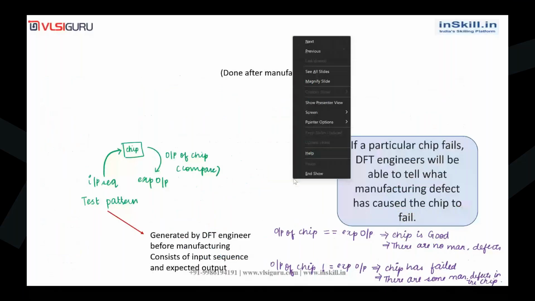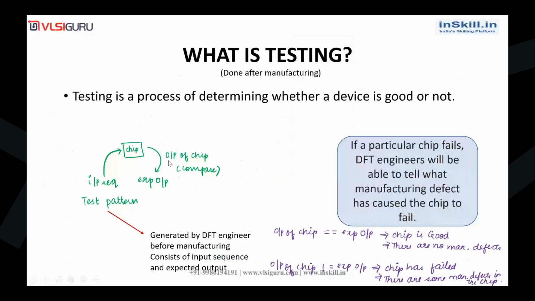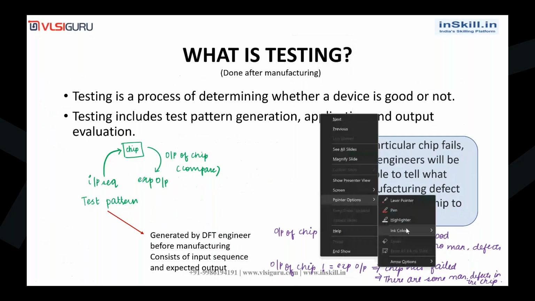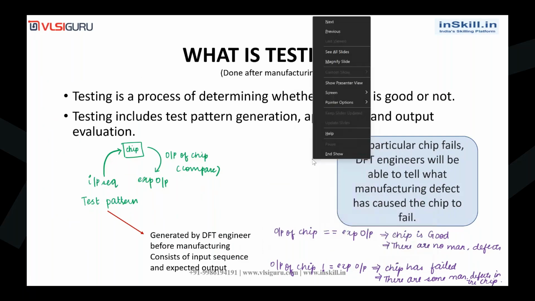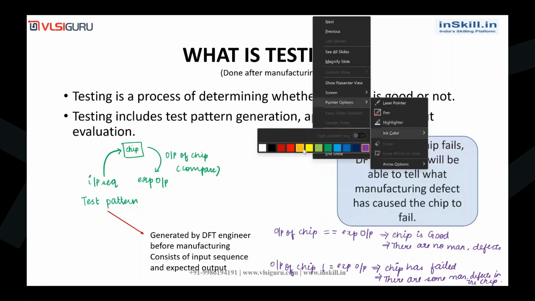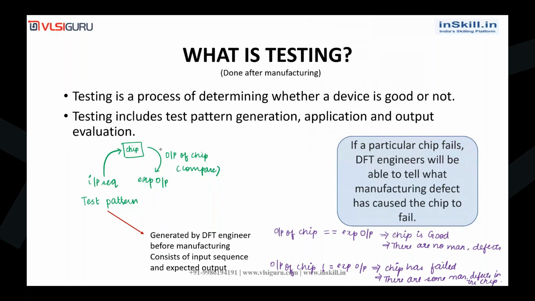So what is testing? As we saw in the ASIC flow slide, this is done after manufacturing. Testing is a process of determining whether a device is good or not.